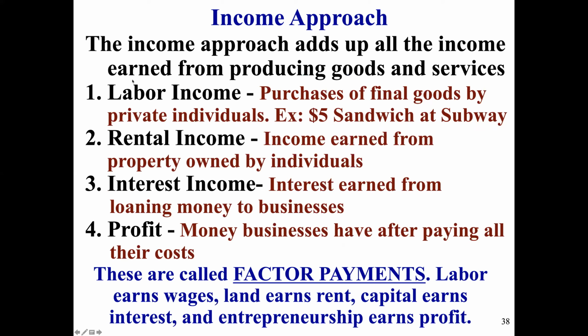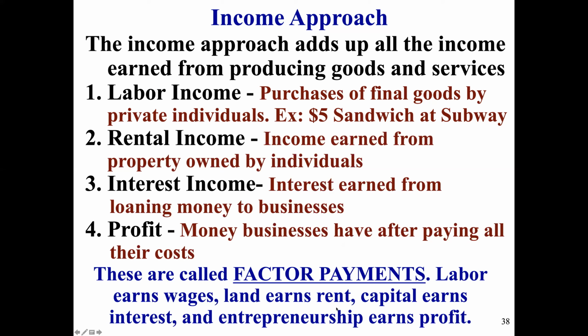So all these are the 4 types of factor payments for the people who own the factors of production, right? There are 4 factors of production, so there are 4 types of income that can be earned in an economy. You know the 4 factors of production: land, labor, capital, entrepreneurship. The income earned off of labor is wages.